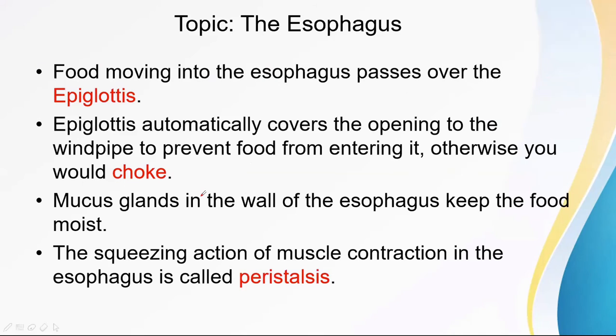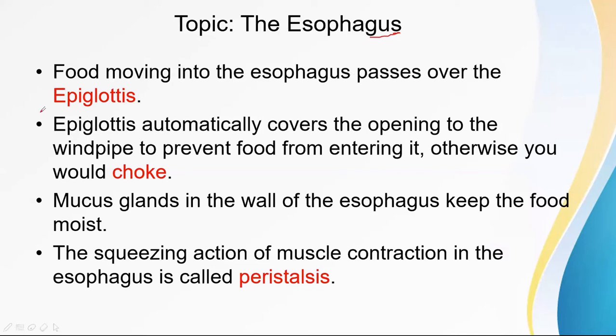Then the next part of our digestive tract is the esophagus. Once you swallow the food, slowly the food enters the next part, the esophagus. The esophagus is a tube-like structure after the mouth. The food moving into the esophagus passes over the epiglottis.